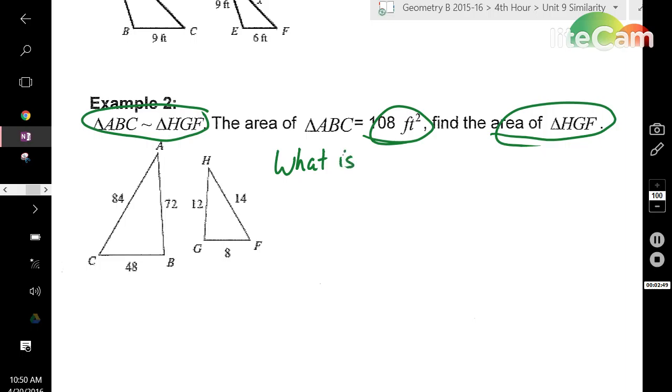So the first question is, what is the area ratio? Since I only have one area, I can't make an area ratio. But the next question I can ask is, if I had the side length ratio, I could square it to find the area ratio. So the next question is, what is the side length ratio?